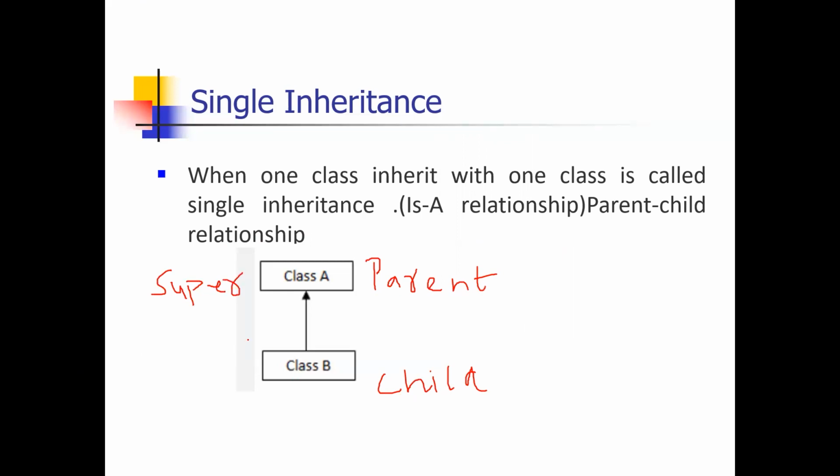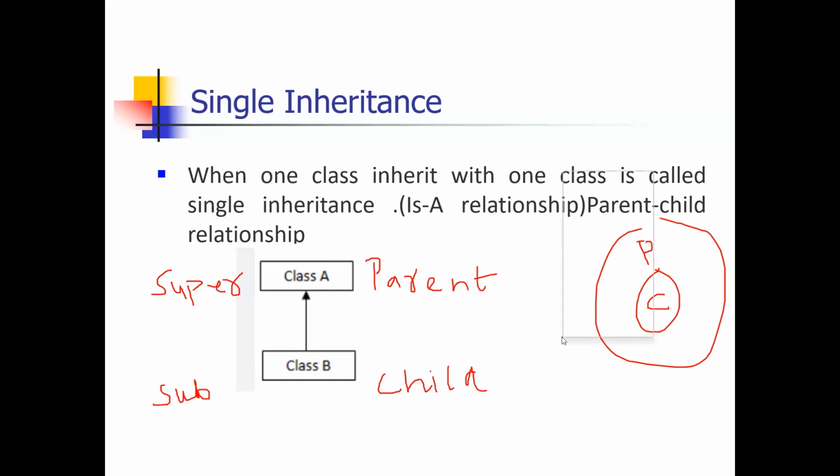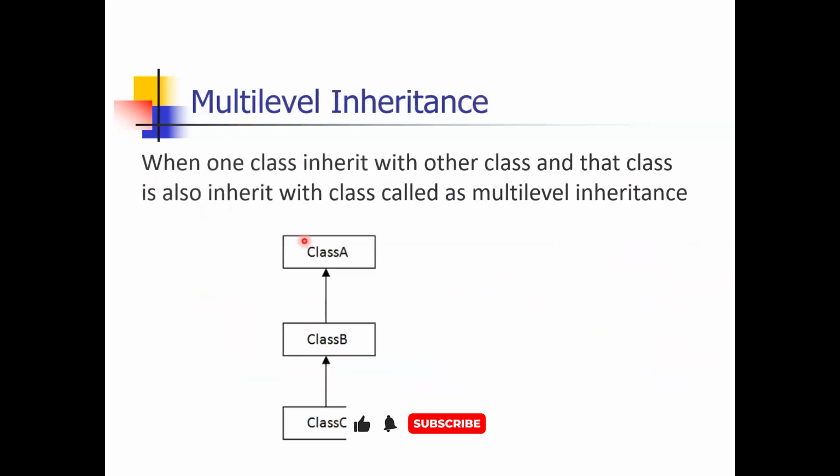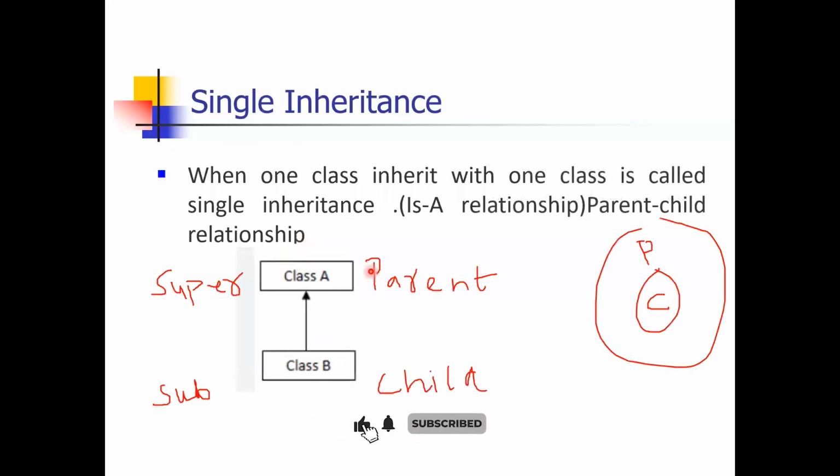And since the child is a part of the parent, it is called the subclass. This is a superclass and this is a subclass. That was single level inheritance. Only one layer, only one level is there. It's called single inheritance.